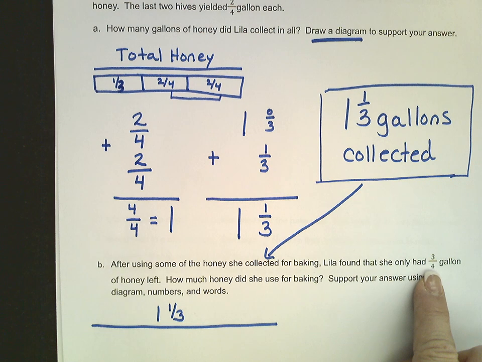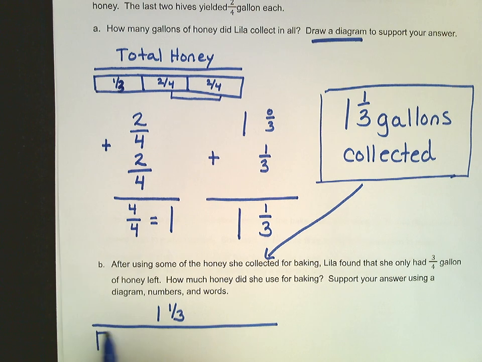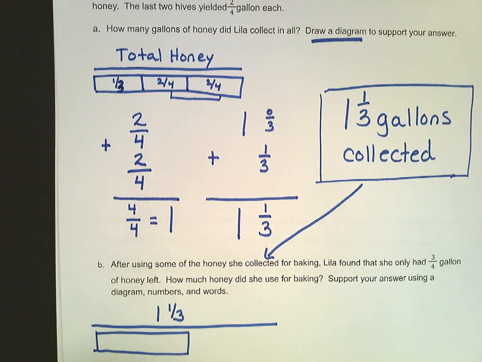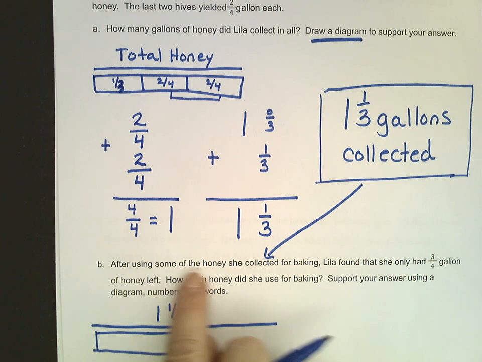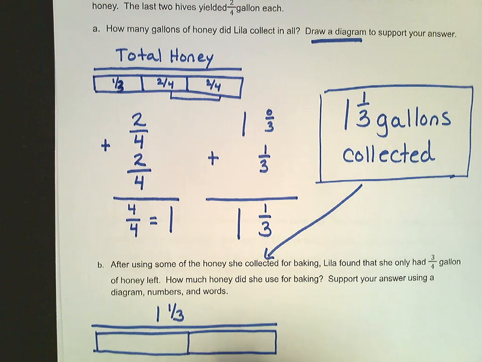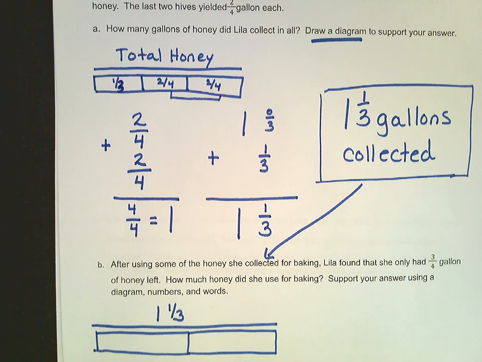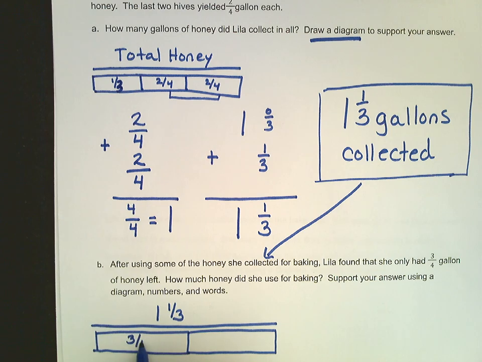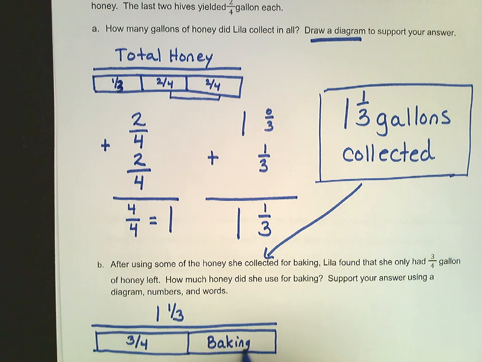She only had 3/4 gallons left. And then she used some for baking. But what we don't know is what she used for baking. So our 3/4 gallons would go here because that's what she had left. Here's our question mark. We don't know what she used for baking.